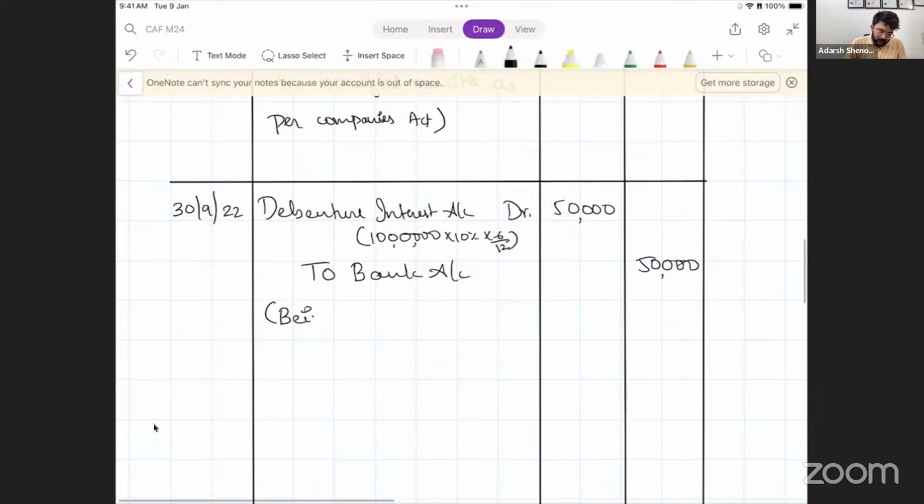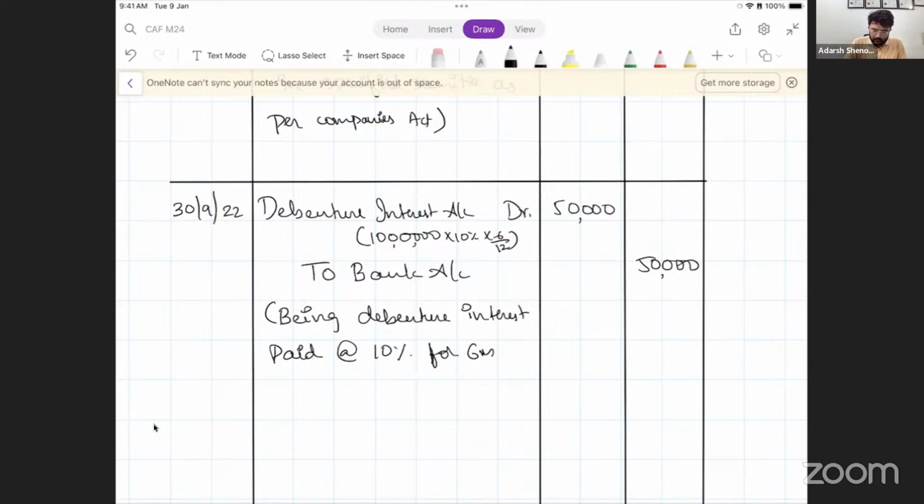Being debenture interest paid at 10% per annum for 6 months.